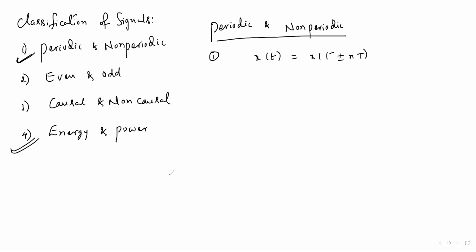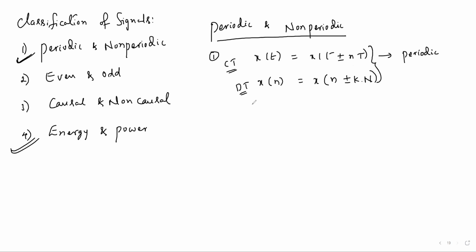A signal which satisfies the following condition is called a periodic signal or periodic function. This is for continuous time signal. This is for discrete time signal.